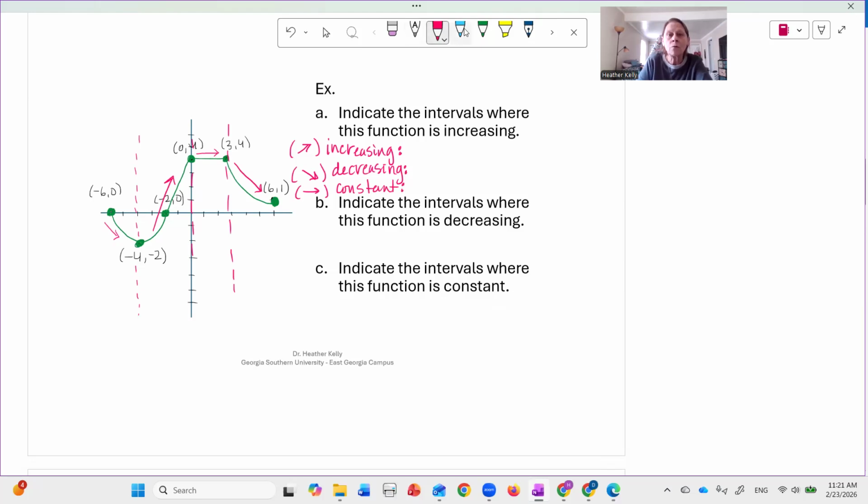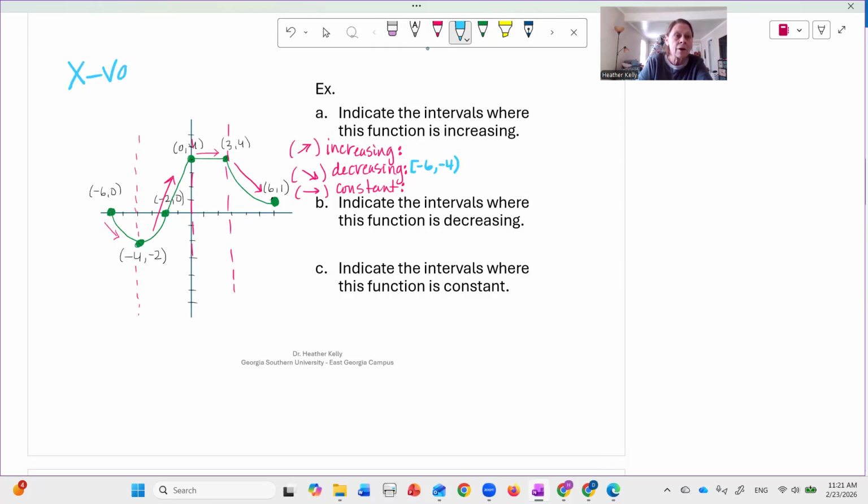So let's start off with the decreasing, because this is right here. We start decreasing when X is equal to -6. And we decrease until X is equal to -4.